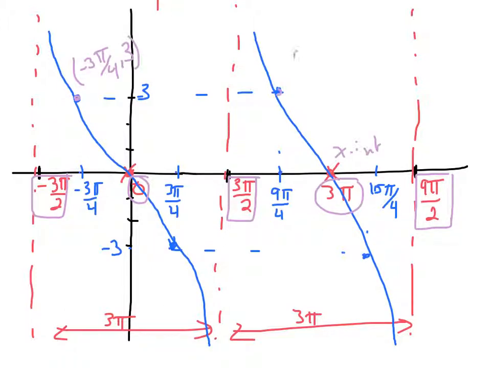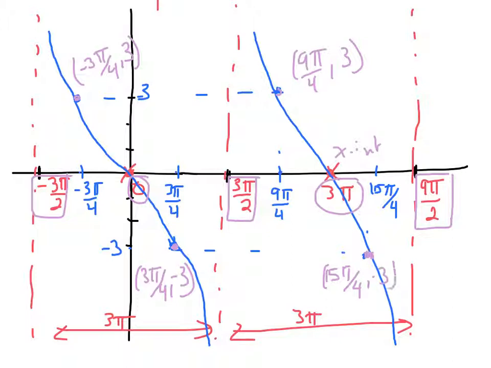This point right here is 9 pi over 4, comma 3. Now down here, we're going to do 3 pi over 4, negative 3. And this point right here is going to be 15 pi over 4, comma, negative 3. Those are all the key points that you need to keep in mind. The x-intercepts, the asymptotes, and 4 additional points. Continue part 3.